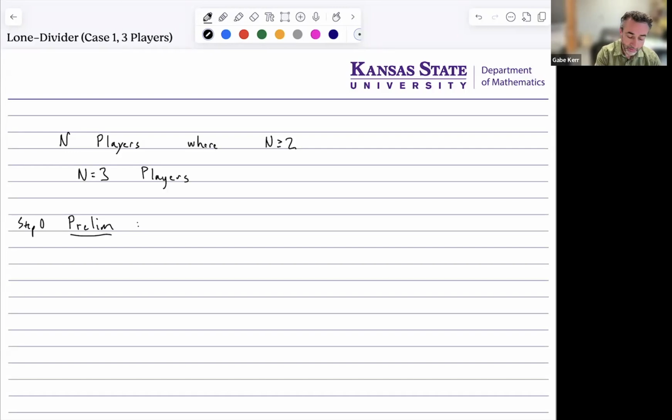So there's a divider. Call one player the divider, and then the rest of the players are going to be called choosers. In this case, there are just 2 others, choosers. Okay, great.